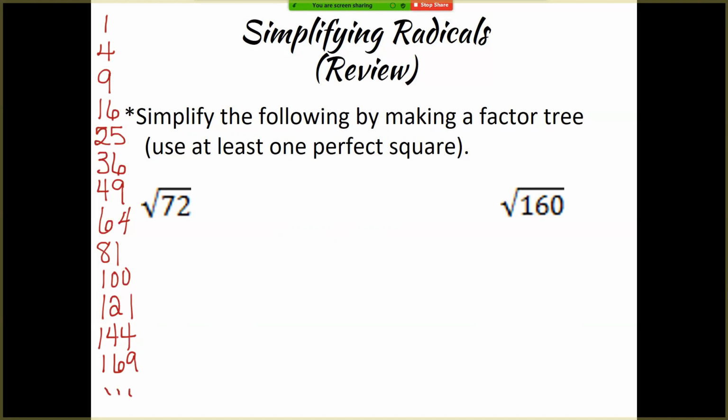So we're going to look for ways that we can break apart these numbers underneath our radicals to something times a perfect square, or a number on this list right here.